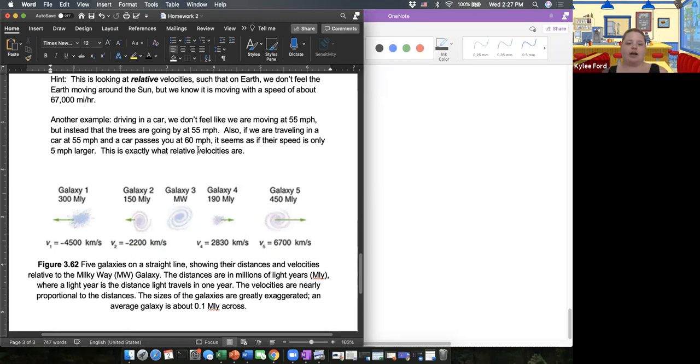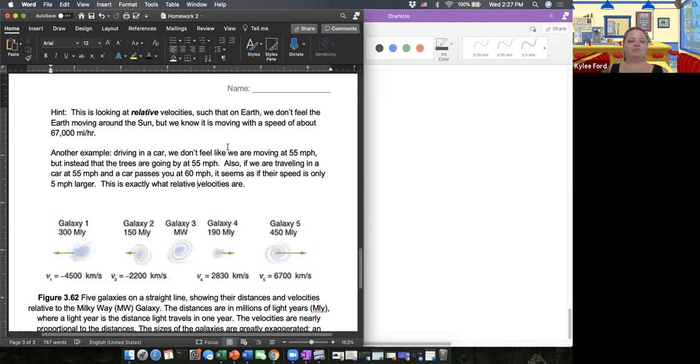Okay, so I've got a couple examples here of what it means to have a relative velocity. So we know, for example, we live on Earth, right? Pretty sure most of us do, or all of us do. And the Earth is moving at some crazy speed, right? I've got it here as 67,000 miles per hour.